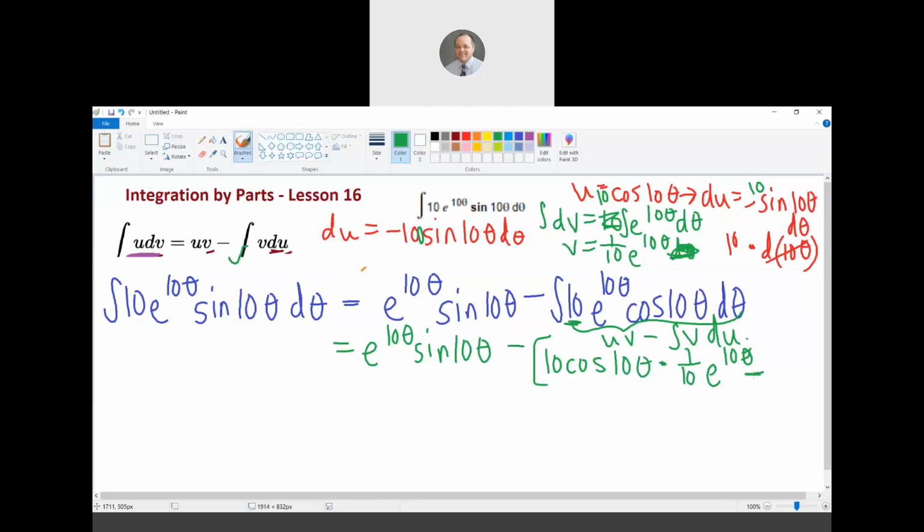Minus the integral of v du. v is 1 over 10 e to the 10 theta times du, which was negative 100 over here, negative 100 sine of 10 theta d theta.